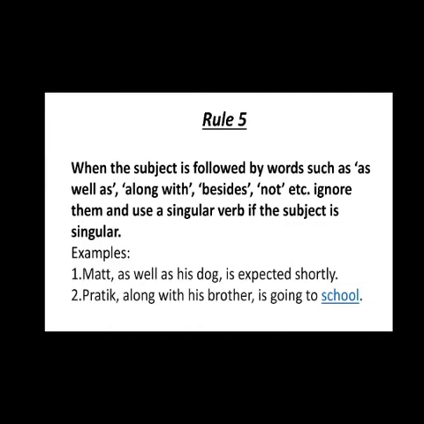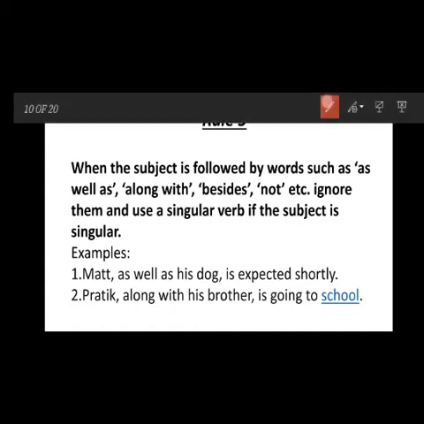Rule 5. When the subject is followed by words such as as well as, along with, beside, not, etc., ignore them. Use a singular verb if the subject is singular. Like here you can see, "Matt, as well as his dog, is expected shortly." Whenever you use this, you are denoting the sentence with a singular or plural subject.